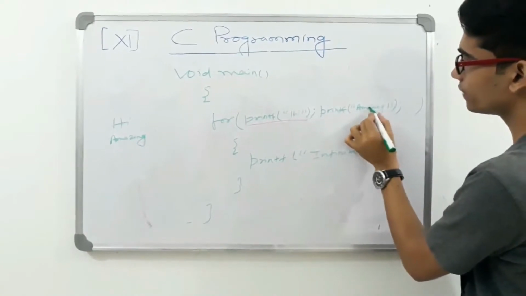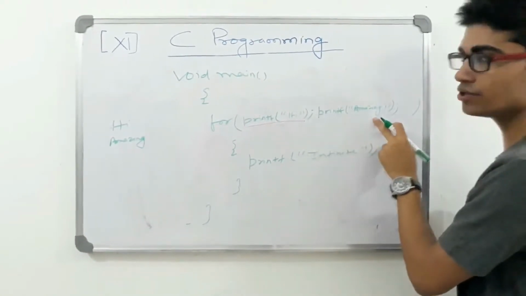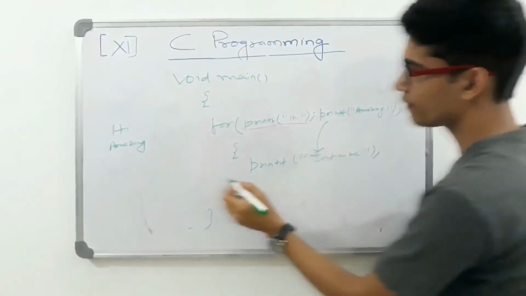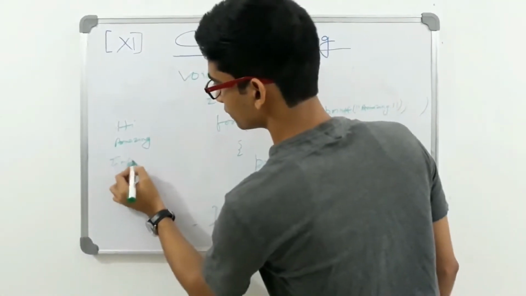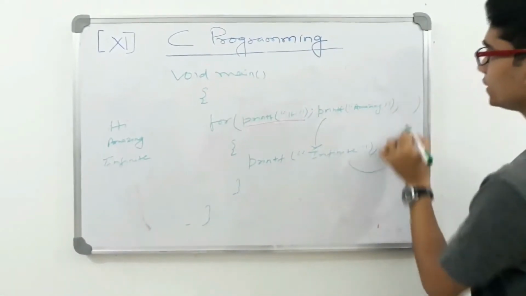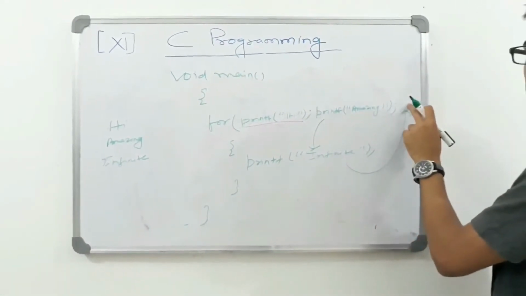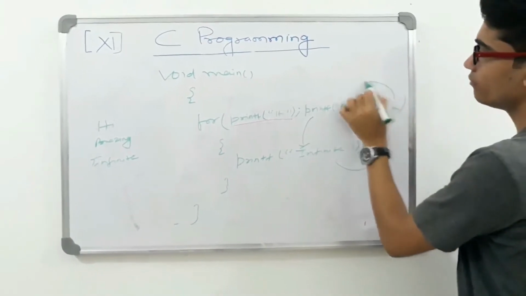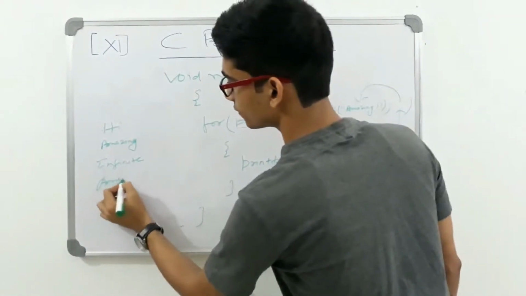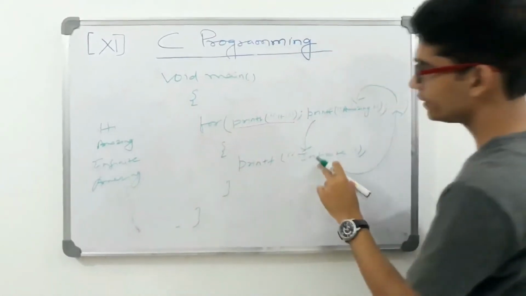1 2 3 4 5 6 7. So 7 is a non-zero value, the condition is true. We will go here and infinite will be printed, and then it will return to this. So here nothing is written, and now it will jump here. Again amazing will be printed, and then infinite.